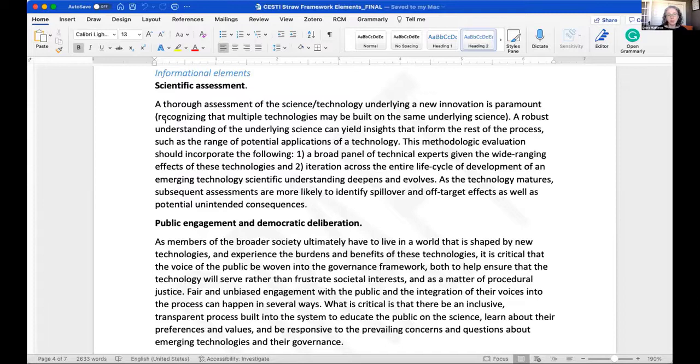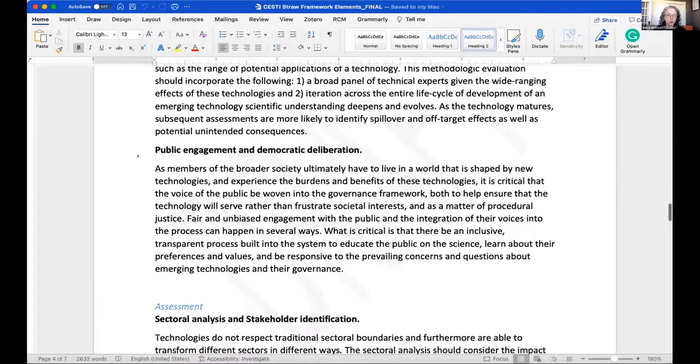And we emphasize that iteration across the entire life cycle of development of an emerging technology is important as scientific understanding deepens and evolves. So, keeping pace with that evolution and allowing that evolution to inform assessments.